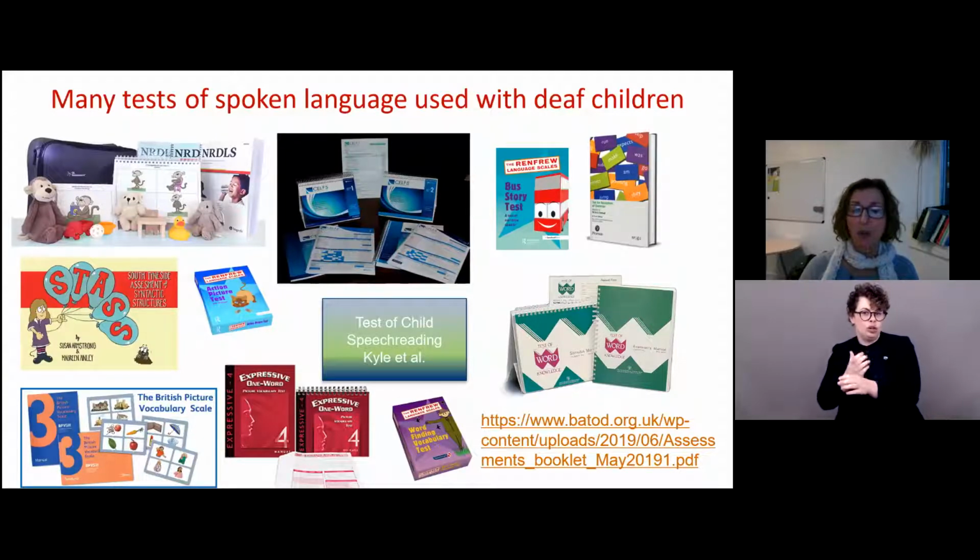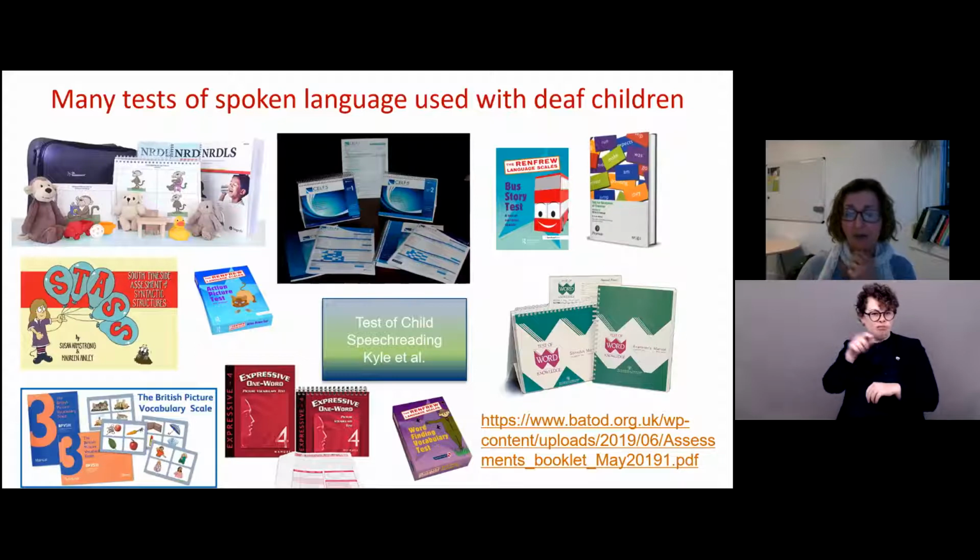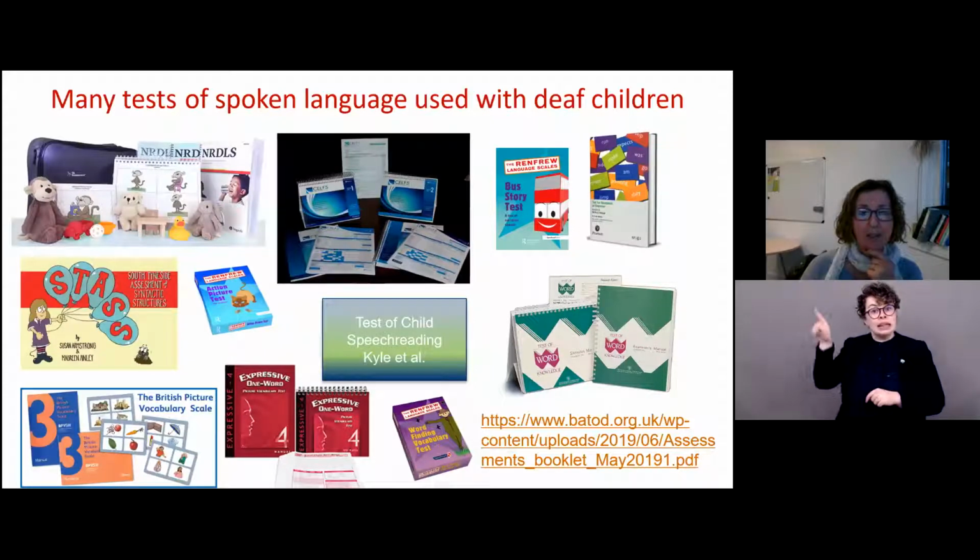And I'm sure many of you will know that BATOD has quite a lot of information about these sorts of language assessments here, if you follow that link. These are all published assessments. I'm going to be calling them formal assessments because they are specially developed and used in a specific way, and they often have normative data telling you what is a typical score for a child of a particular age.